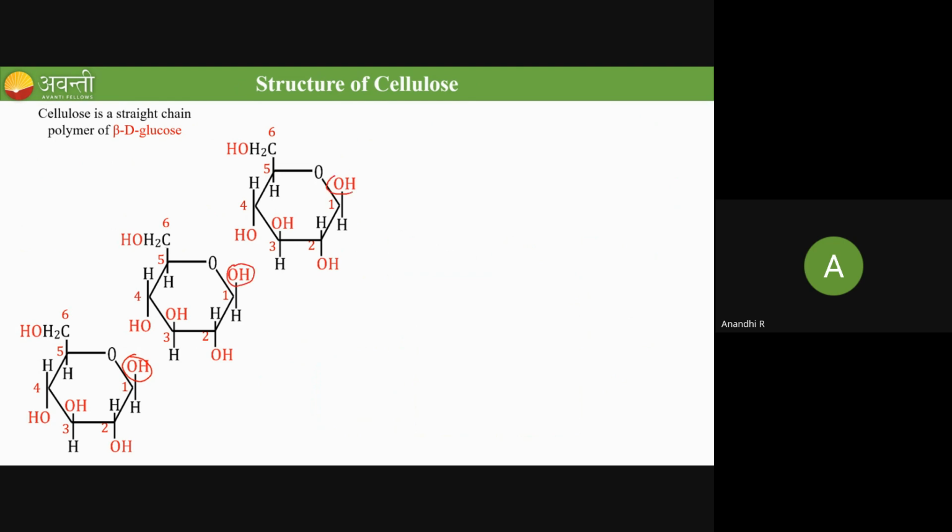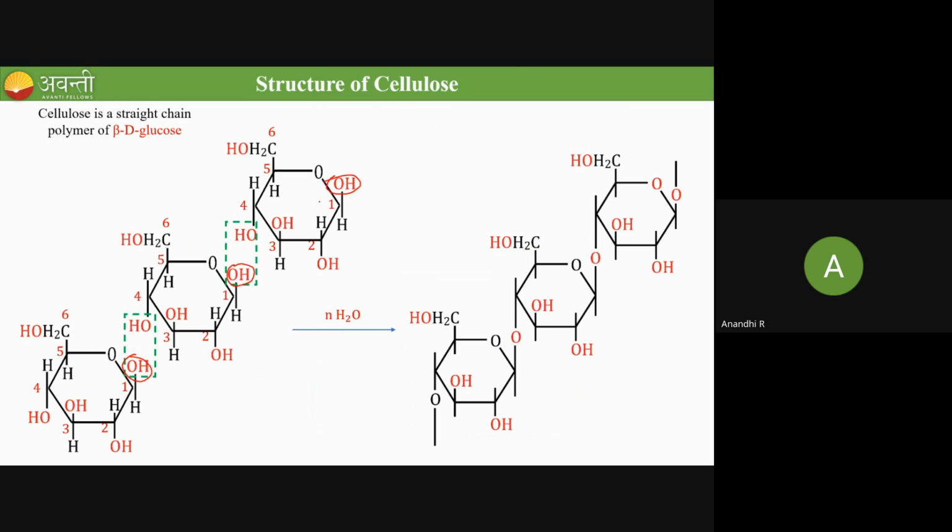So this is beta. In beta molecules, the OH will be at the top. All these are beta D glucose, and on condensation between C1 and C4, they form cellulose of this type. So this structure is called cellulose. These are the glycosidic linkages, and these linkages are beta linkages.